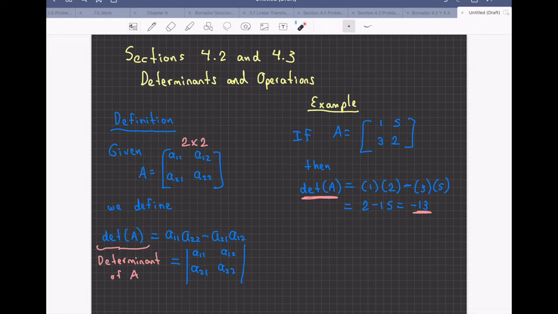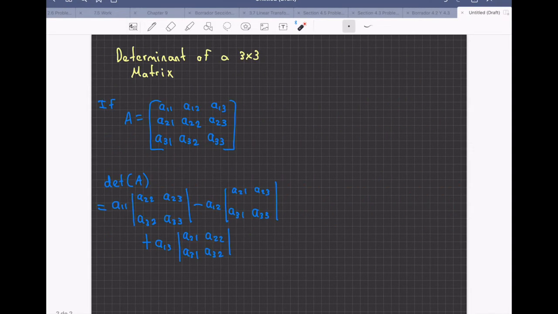So the determinant of A is equal to this and can be represented in this form as well. You put the elements of the matrix between bars. So this means determinant.